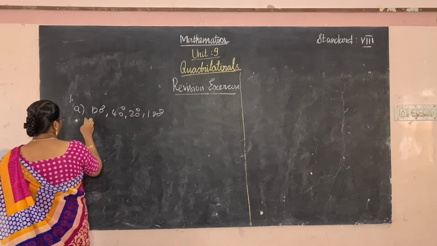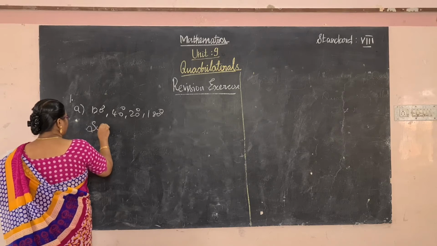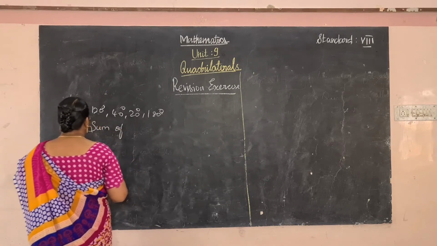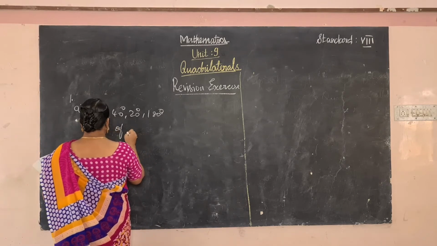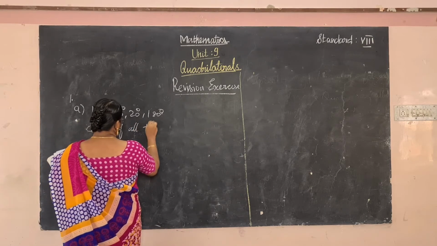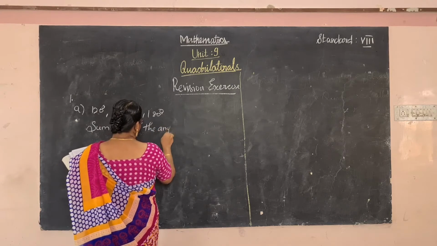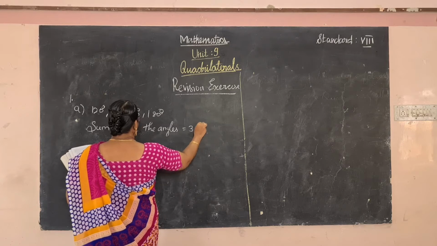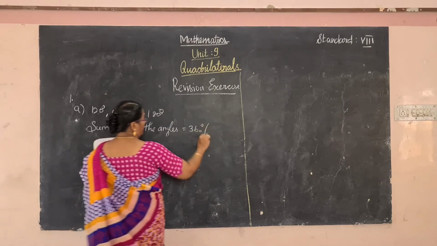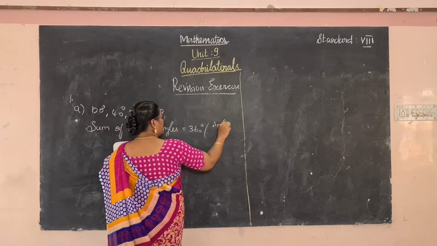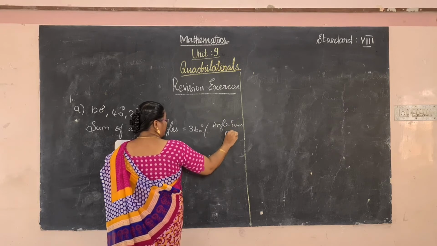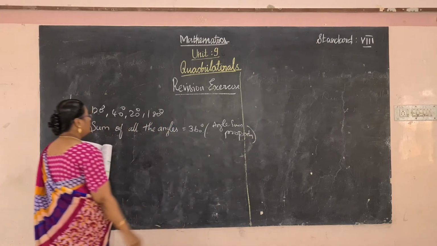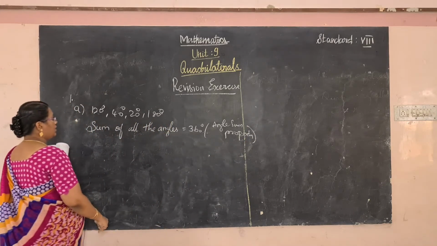Sum of angles is equal to 360 degree. Angle sum property, okay, sum of all the angles is equal to 360 degree. We have checked.